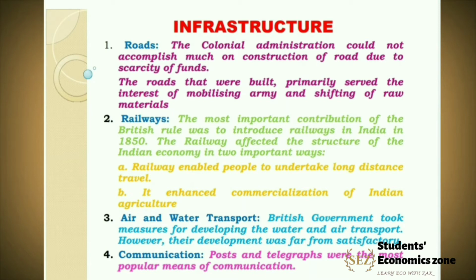But the main motive behind this infrastructural development was to serve various colonial interests. That means they made some attempt to develop our infrastructure, but the main aim was not the development of our country. It was for their self-interest.